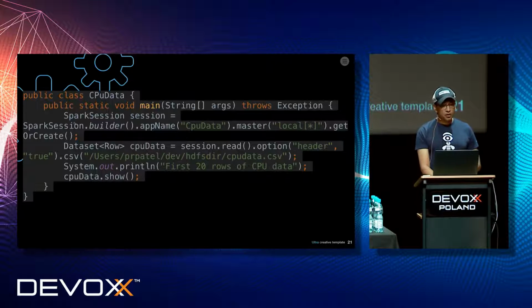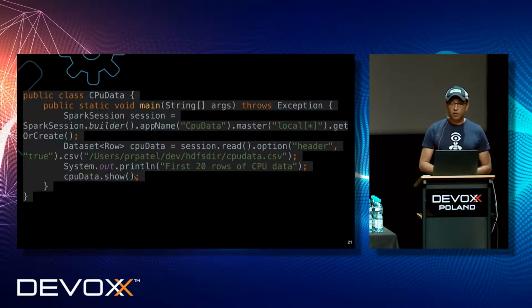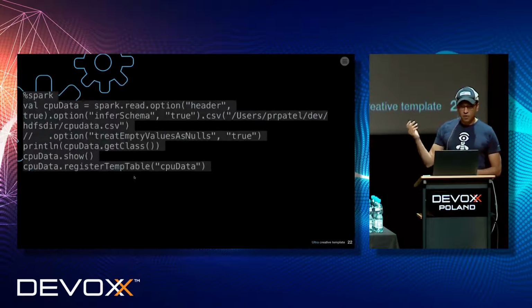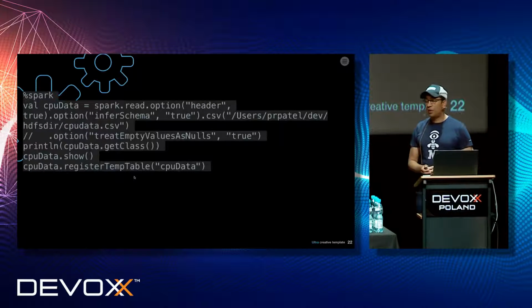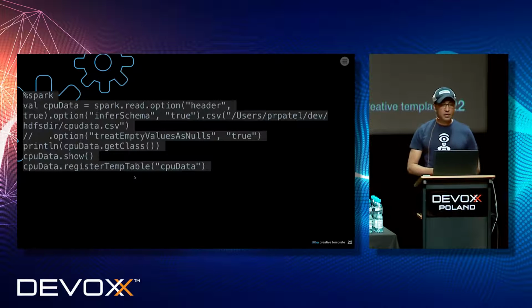Then we do session.read.option header, et cetera. You probably recognize that from the previous example, and then right down here we did cpuData.show. If we were to run this, we would get the same stuff that we saw previously, which, if you remember, is how we ran that same code inside of a Spark notebook using Scala instead of Java.